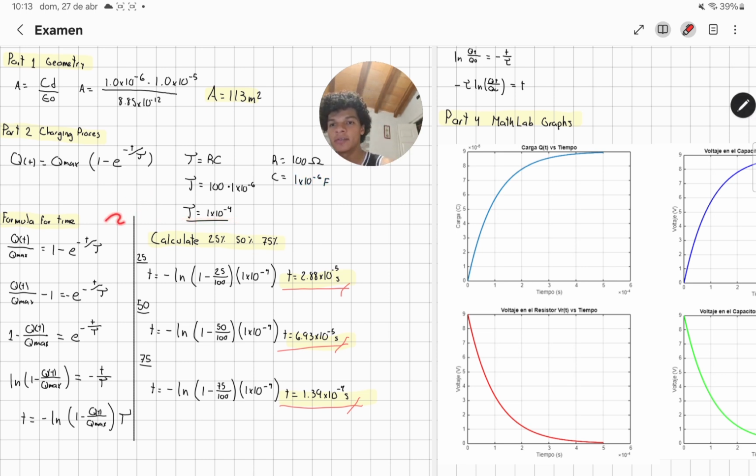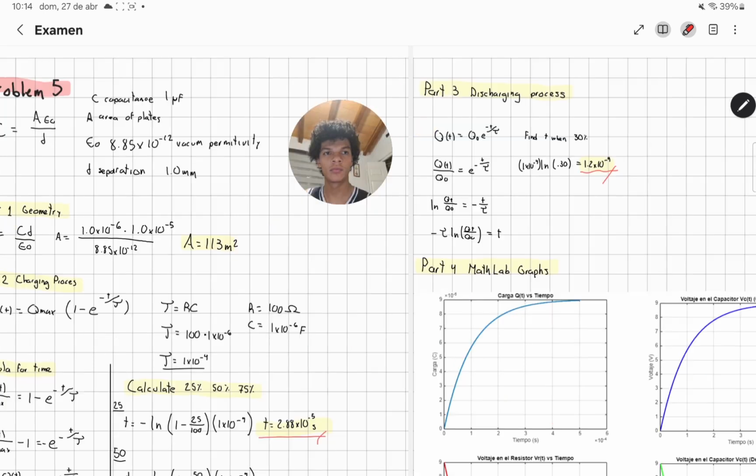Then we calculate the formula in here for it to give us the time that is right here, and the problem asks us to find the time for the capacitor to charge to 25, 50, and 75%. So we just use this formula, and this is the data in the time in seconds the capacitor takes to charge.